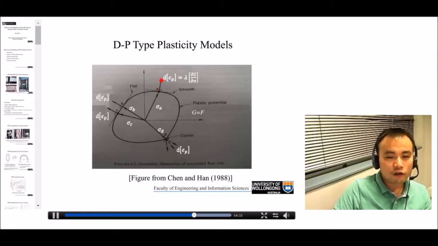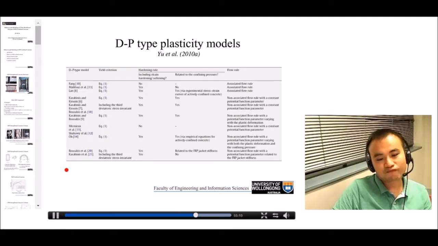So the direction of this overall plastic deformation depends on the ratio of your axial deformation to the lateral deformation. If you define the angle of this overall plastic deformation, basically you define the ratio of the lateral deformation to the axial deformation. That's why the flow rule is important for determining the lateral strain at a certain axial strain.